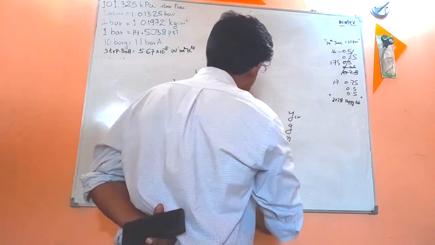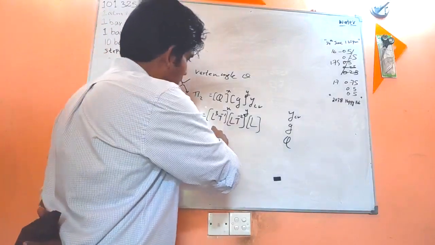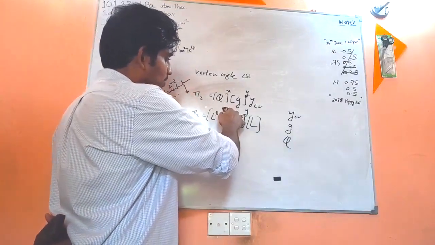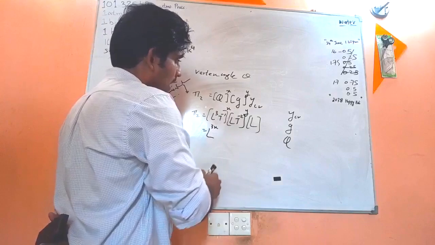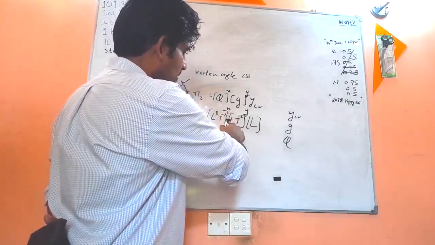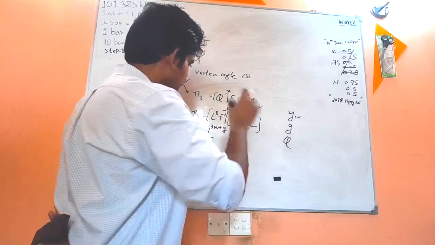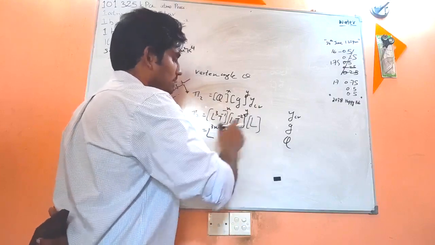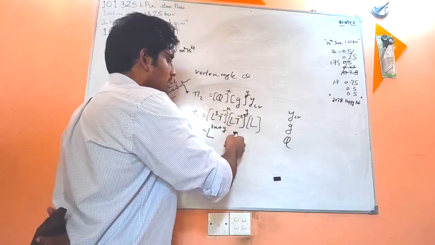Fine, so now simplify that. Here we have L to the power 3, and here we have power x, so the total power is 3x. From here, L with power y, so 3x plus y. Then we will consider them separately, one by one: L to which power, then t to which power.